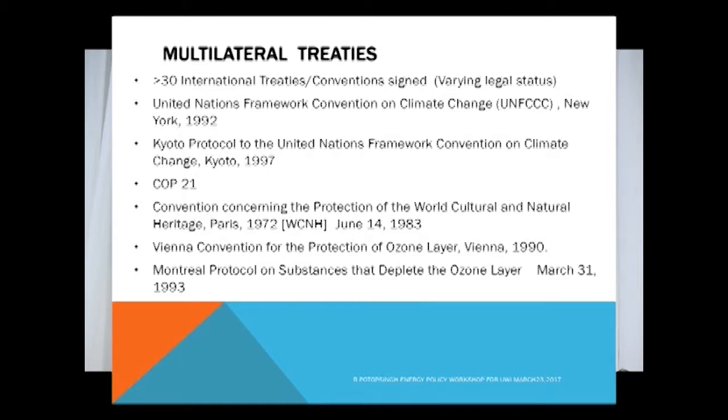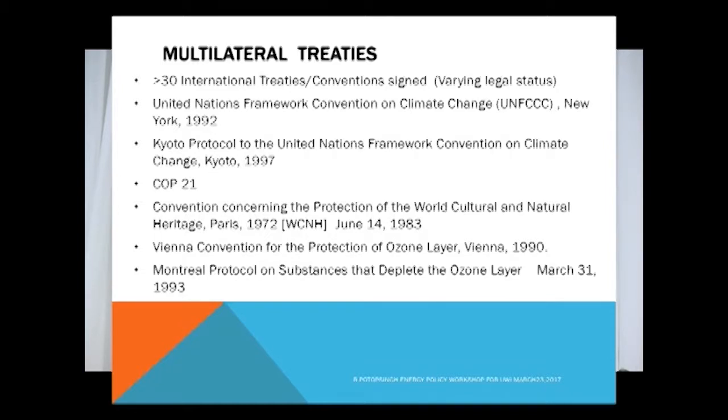Then we have multilateral treaties and conventions. Jamaica is a party to over 30 international treaties and conventions, and they're at various levels of being incorporated in our planning and our activities and operations. But importantly, we have the UN Framework on Climate Change. We have the Kyoto Protocol. We have the COP21, which was in 2016, where Jamaica made a commitment for us as a country to reduce our carbon dioxide emissions by 7.8%.